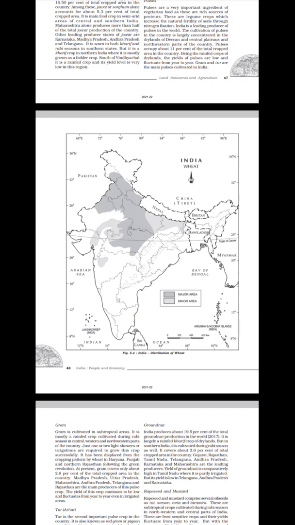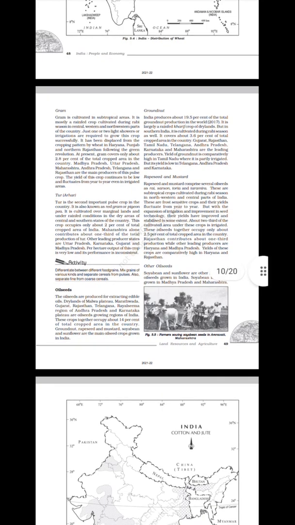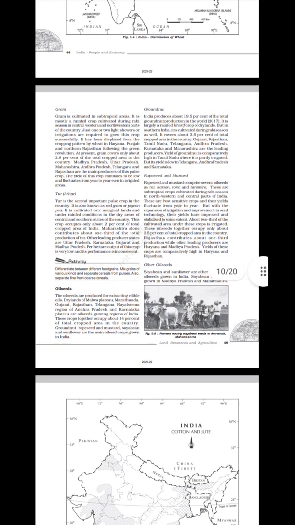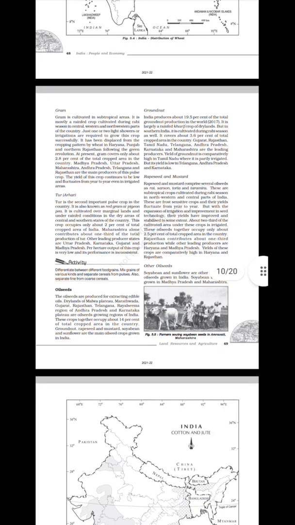Take a look at figure 5.4, India distribution of wheat. Gram is cultivated in subtropical areas. It is mostly a rain-fed crop cultivated during Rabi season in central, western, and northwestern parts of the country. Just one or two light showers or irrigations are required to grow this crop successfully.